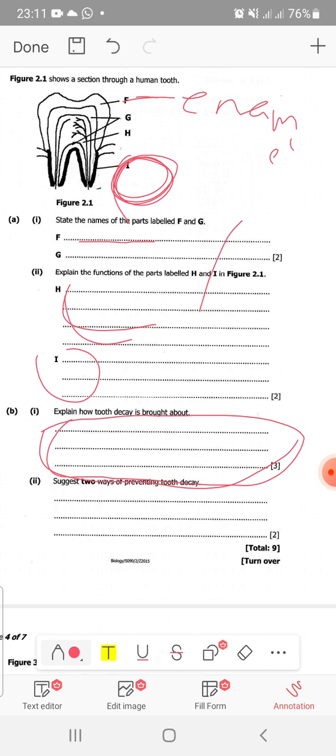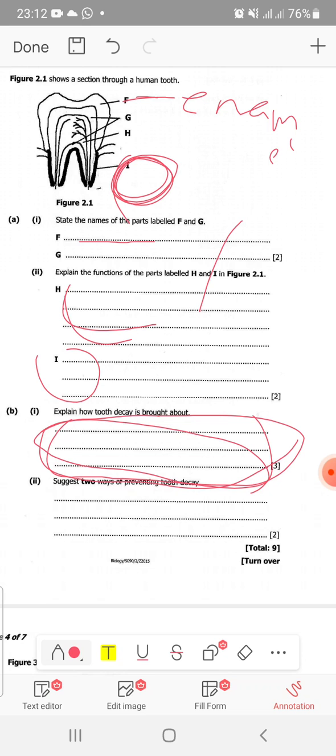Okay, apart from that, tooth decay is brought about by opening drink bottles, either beer, with your teeth. So it can be brought about in many ways. Not brushing teeth after a meal is also one of the ways tooth decay can be brought about.